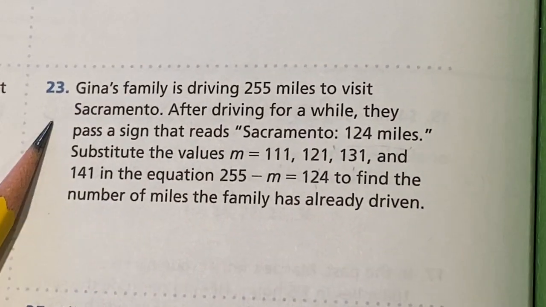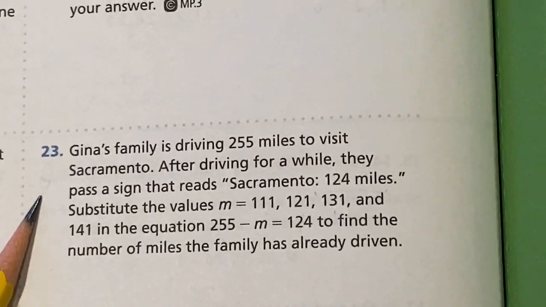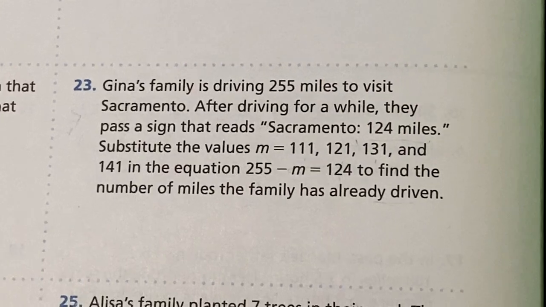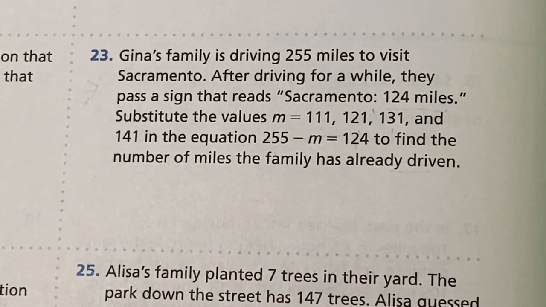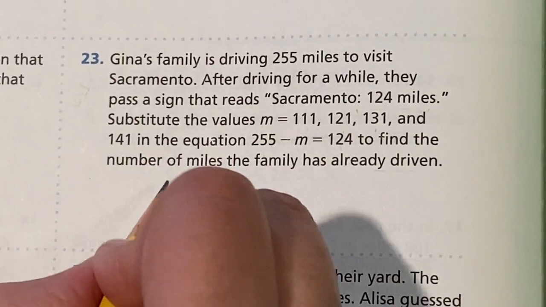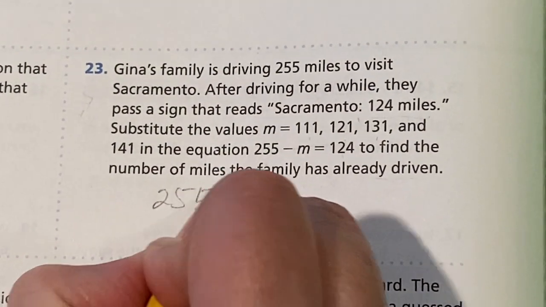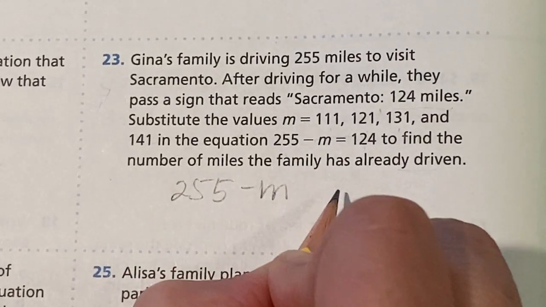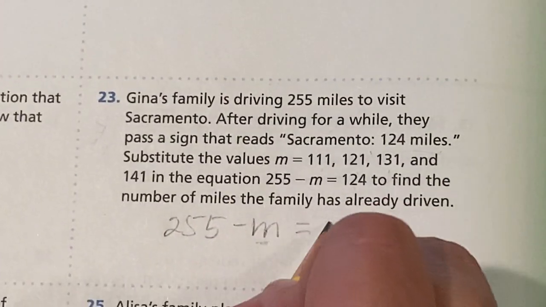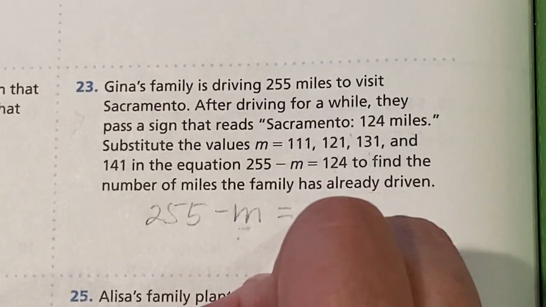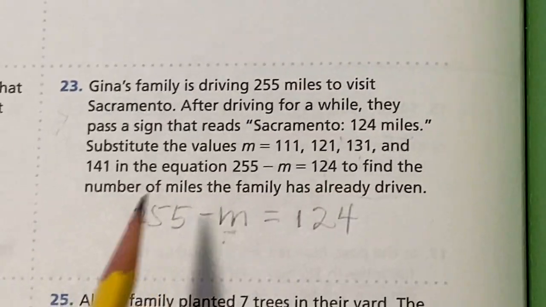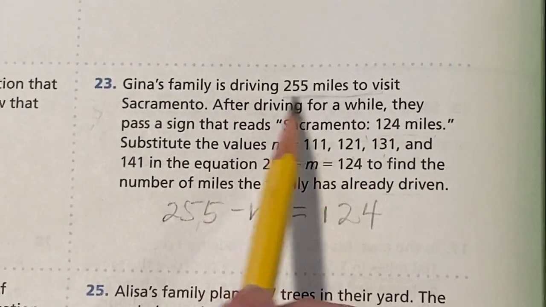So this is really another one of those problems where they ask you to substitute values in and find out which one, if any, are true. So the equation is 255 minus m, that's the miles they have already traveled, equals 124, the miles they have left. 255 is the total miles.